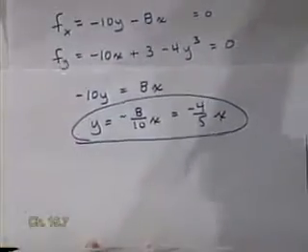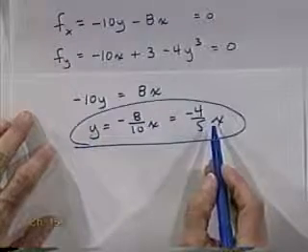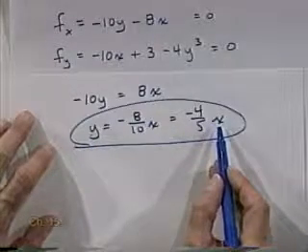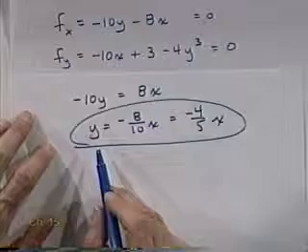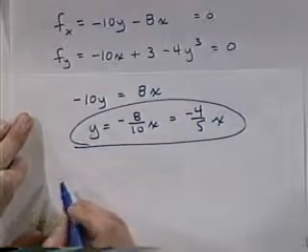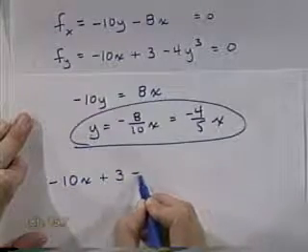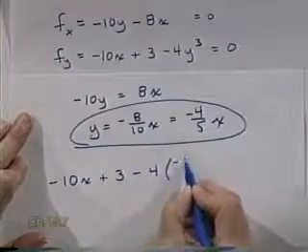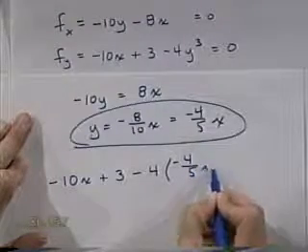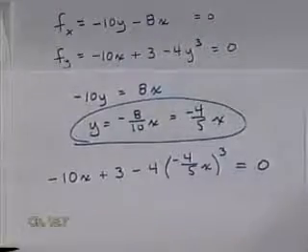So what I'm going to do is take the second equation, and wherever I see y, I'm going to put in negative 4/5 x. So I'm going to have minus 10x plus 3 minus 4 times negative 4/5 x, cubed, and we need that to equal 0.